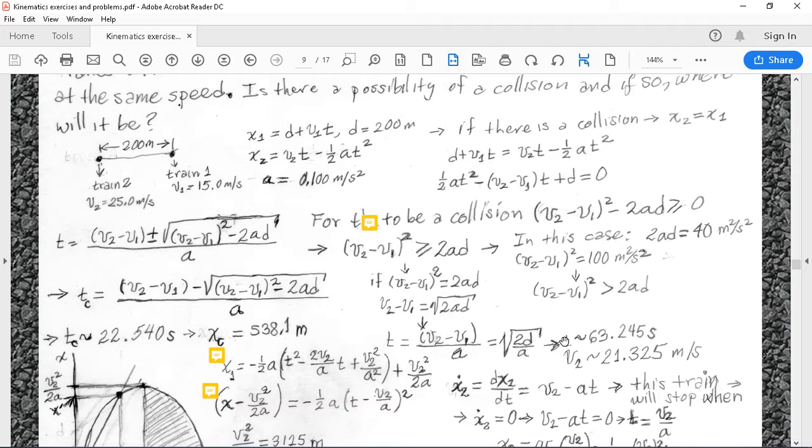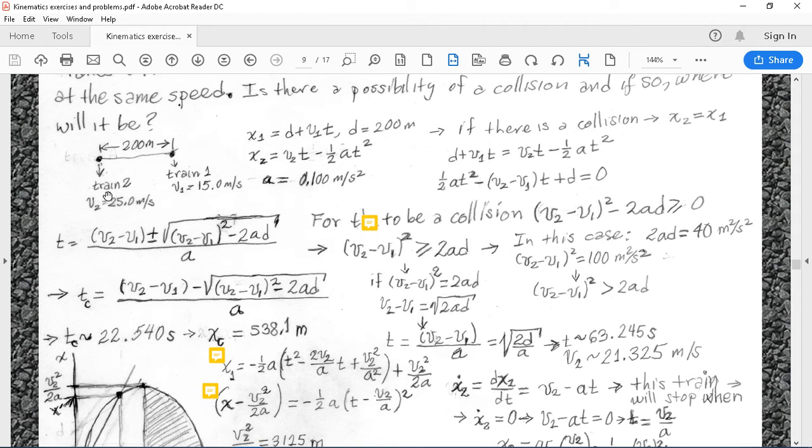If this were the case, and assuming that train 1 kept its speed of 15 meters per second, the corresponding speed of train 2 would have to be 21.325 meters per second.